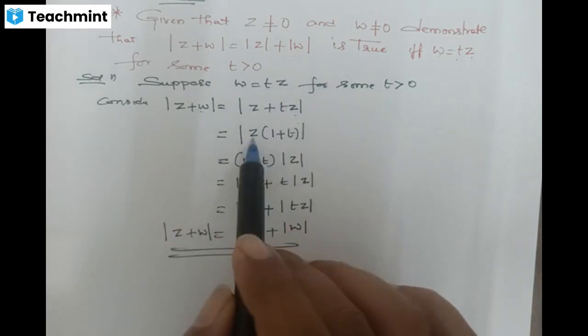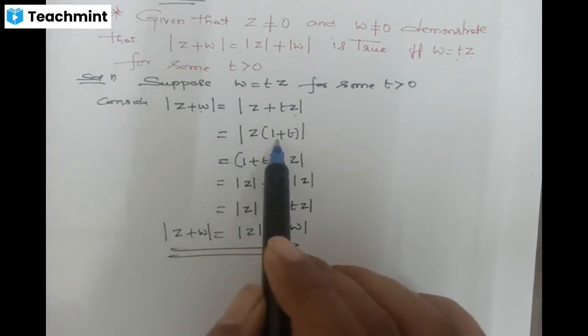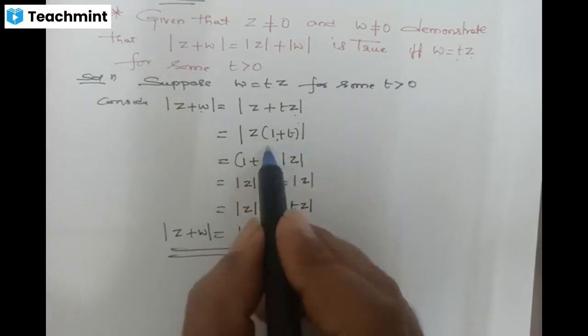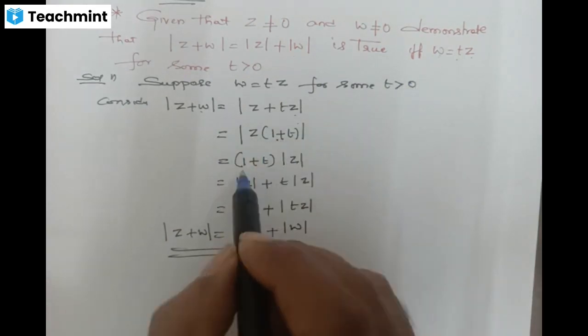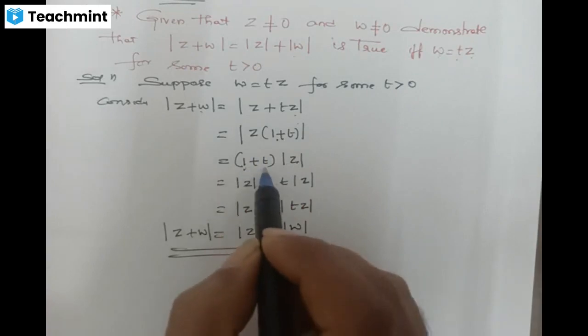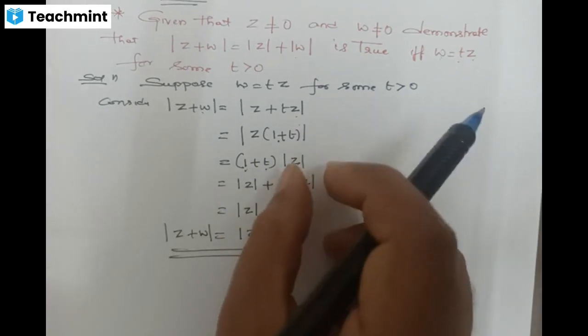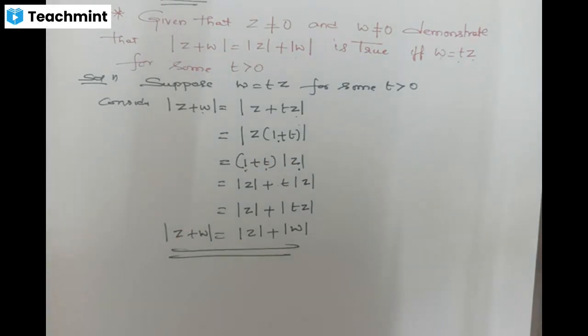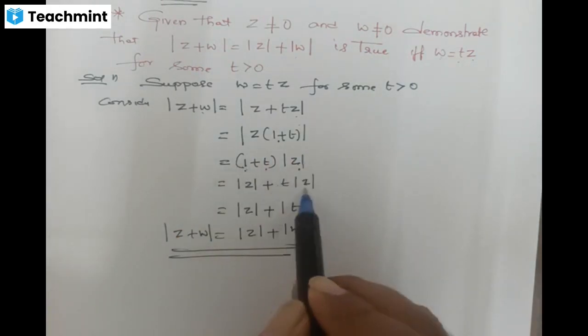So I will take the common factor, then modulus of z into a constant. It's a scalar, a constant, not a complex number, a real number. So we can write it outside the modulus, 1 plus t into mod z. Then multiplying, that is 1 into mod z plus t into mod z.